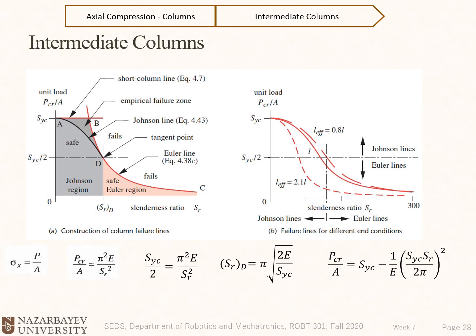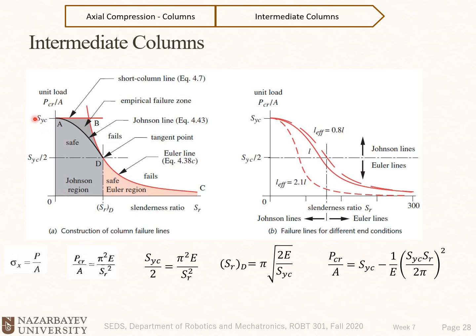Intermediate columns and Johnson formula. This figure shows basically how both compressive stress and buckling could cause failure, and the safe region. The Y-axis is P divided by A, and the x-axis is the slenderness ratio, SR. Here we have compressive yield strength, or SYC, okay?